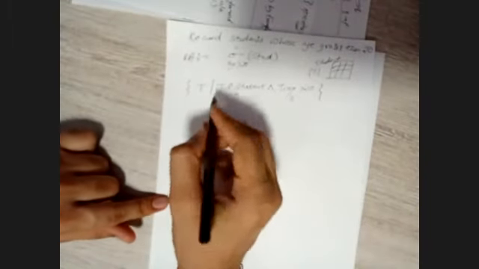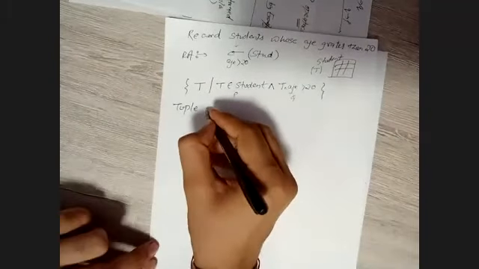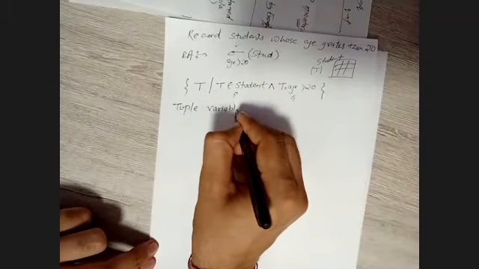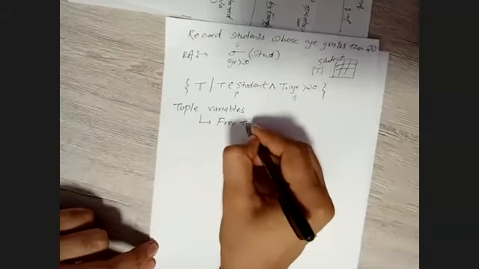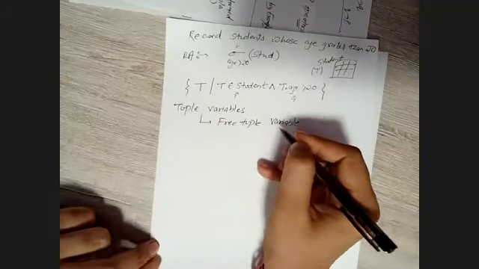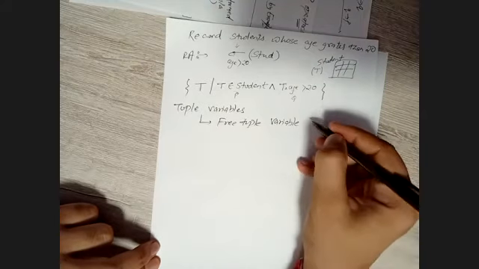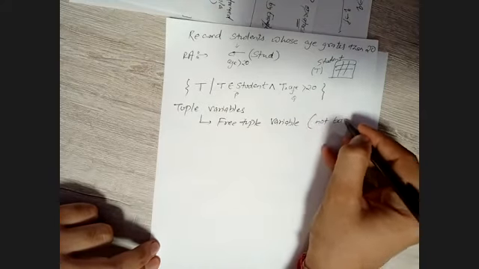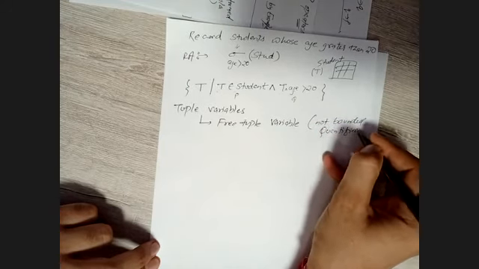Let's understand more about these tuple variables; this will take another two to three minutes. Tuple variables are basically of two types. The first one is called the free tuple variable. These are the variables which are not bounded by quantifiers.